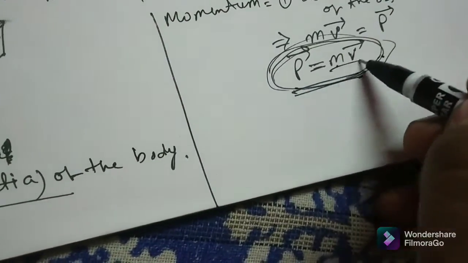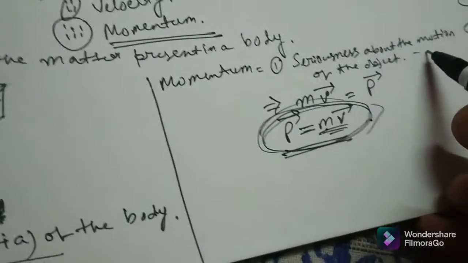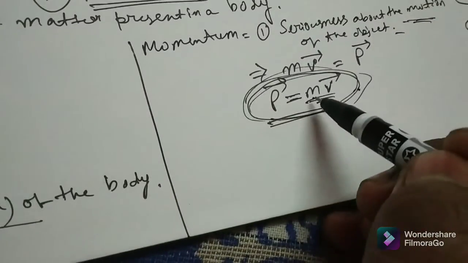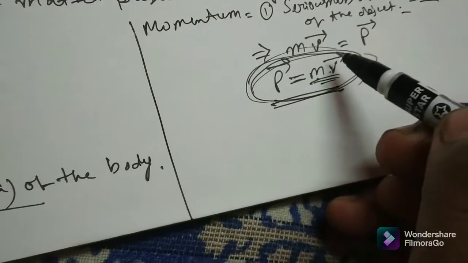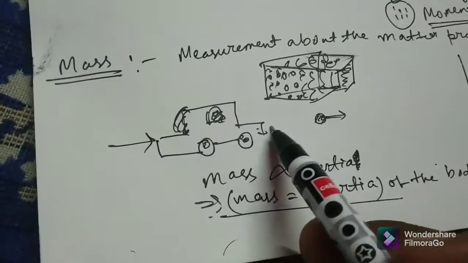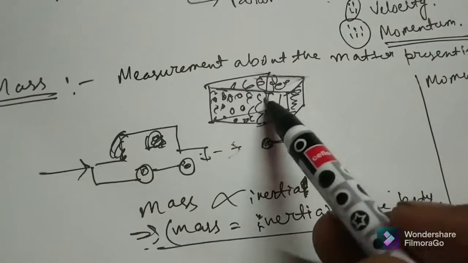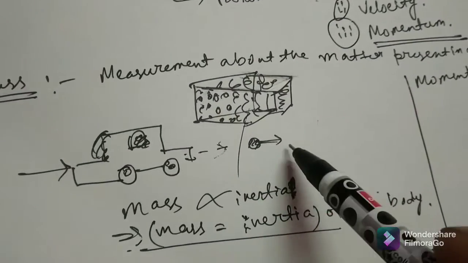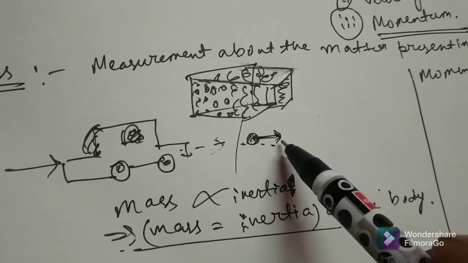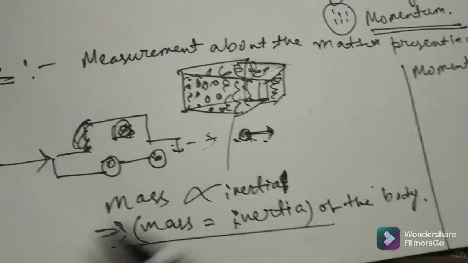So this gives the seriousness of the motion of the object. Obviously the more the velocity and the more the mass, the more will be the momentum. That means with more speed this truck can break through a wall, obviously, rather than the tennis ball at the same velocity.